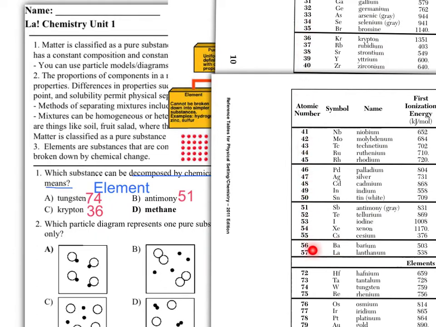Here we can see that element number 74 is tungsten, element number 36 is krypton, and element number 51 is antimony. When we scan all of the names on reference table S, the name we cannot find is methane, because methane is actually a compound. So here the best choice would be methane.